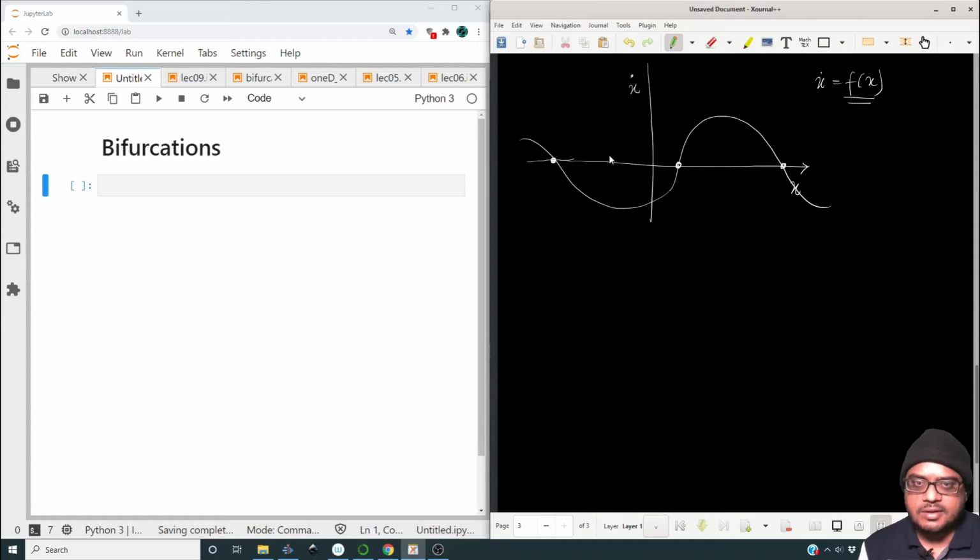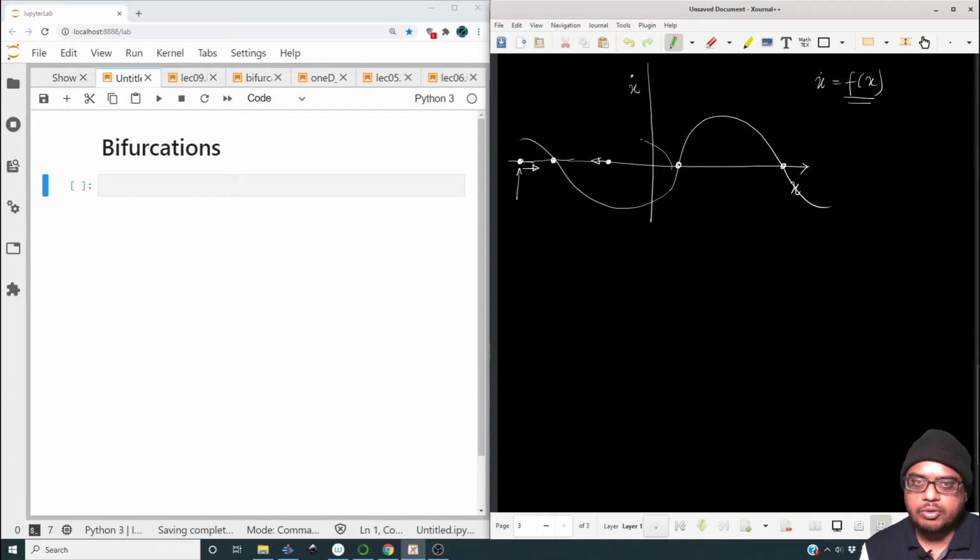Now we had seen that if we have an initial condition over here, the x dot at this point is negative. As a consequence, this point will try to move towards the left. If we have an initial condition over here, the x dot at this point is greater than 0, and so the point tries to move towards the right.